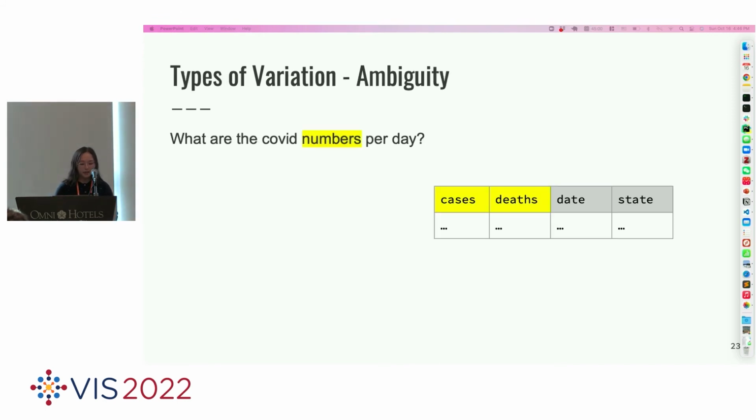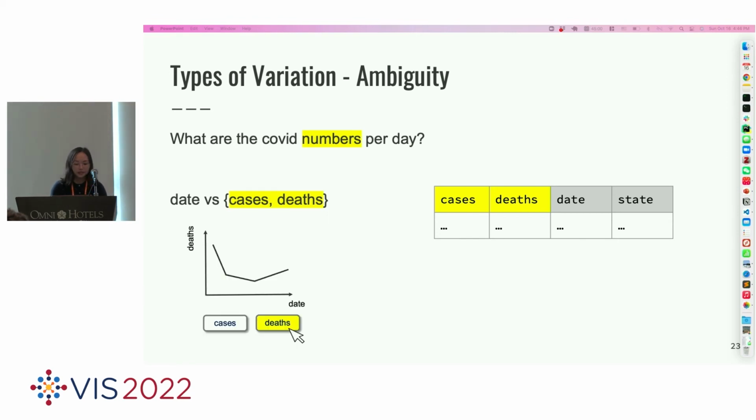First is ambiguity. Given such a table schema and given such a query, what are the COVID numbers per day? We can see the number here can either map to case or death because it is ambiguous and all these attributes are numerical. Thus, we encode the query as a representation of date versus cases or deaths.